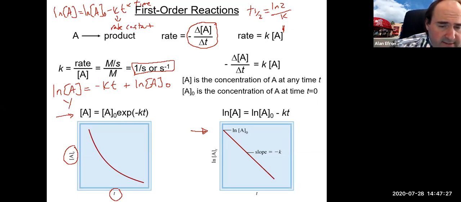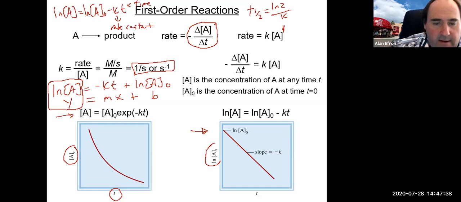This is y equals mx plus b. So what we see is on the y, we have graphed the natural log of A. On the x is our time. And this will yield us a straight line like we see here.